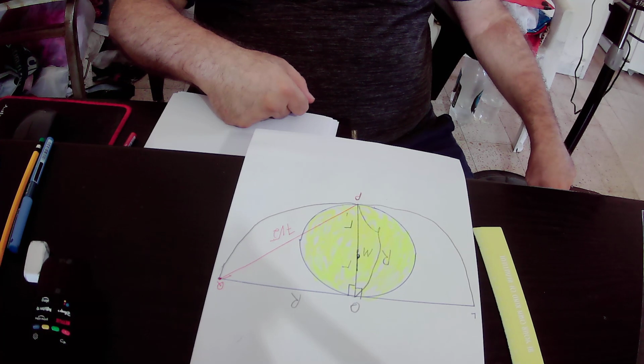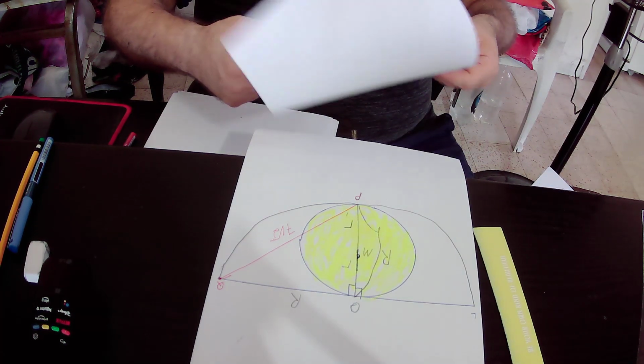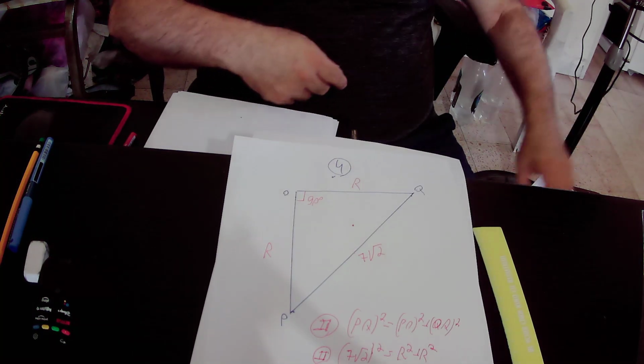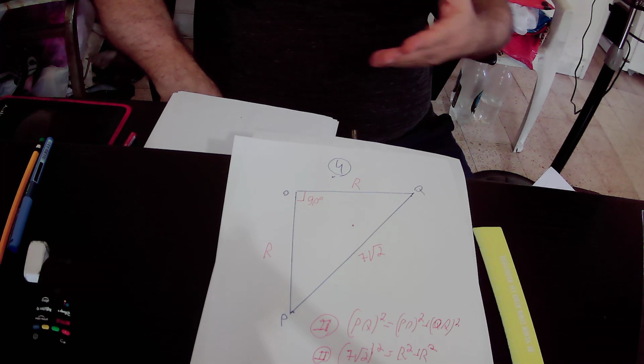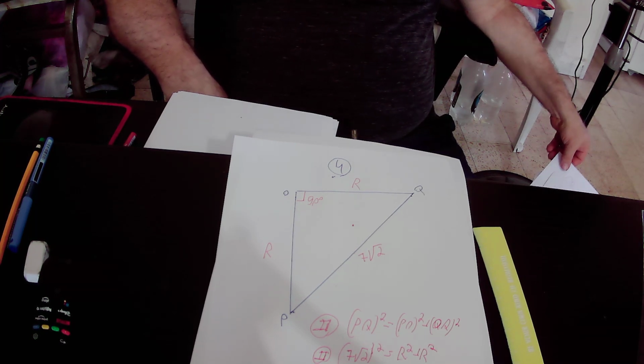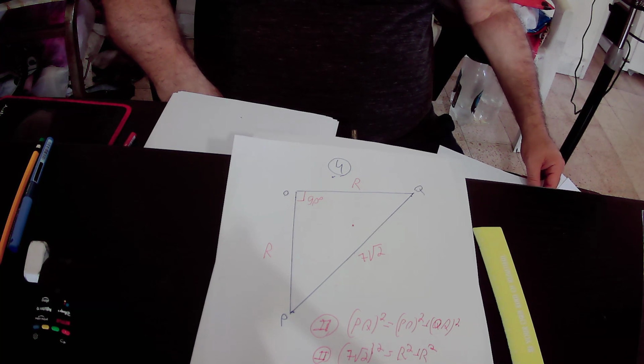So I do again the right triangle POQ, and I implemented the Pythagorean theorem in order to find out the radius of the semicircle.